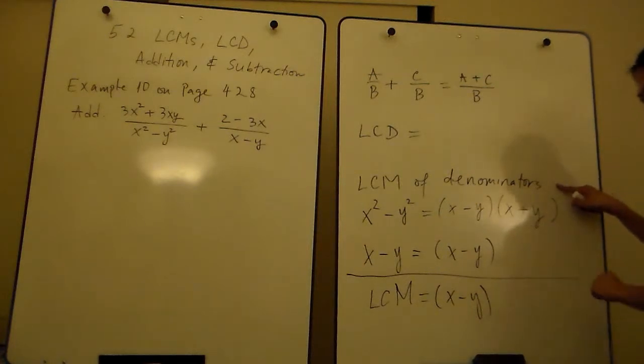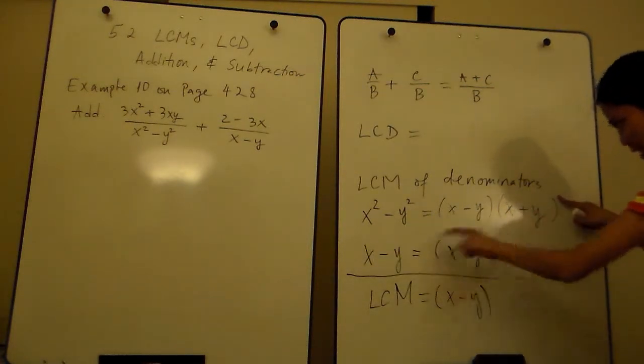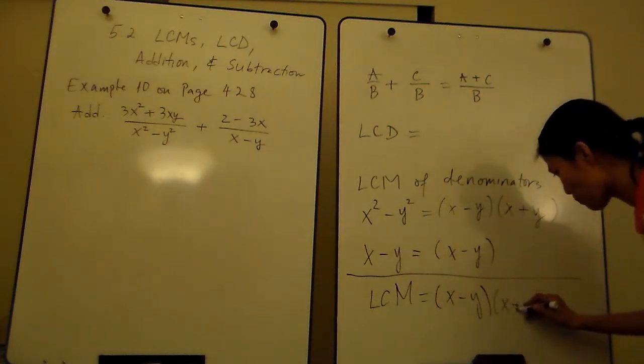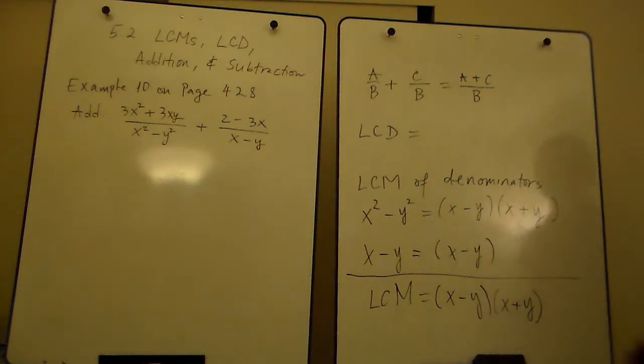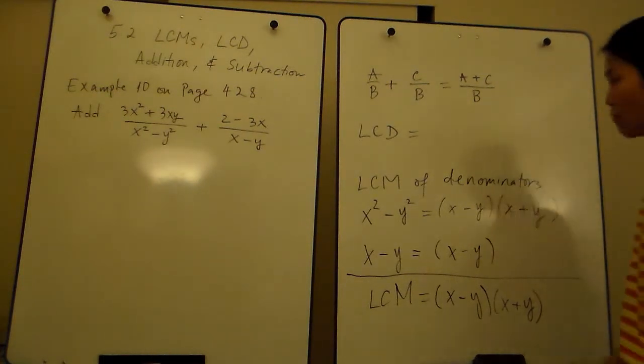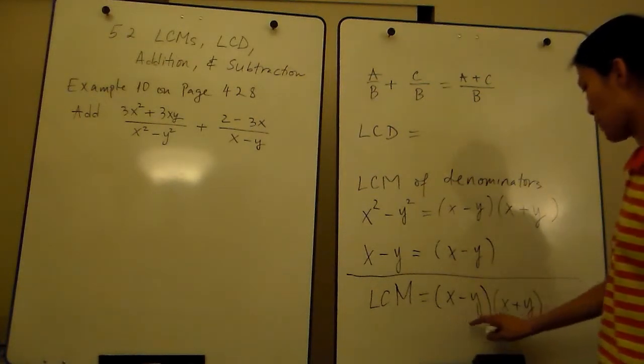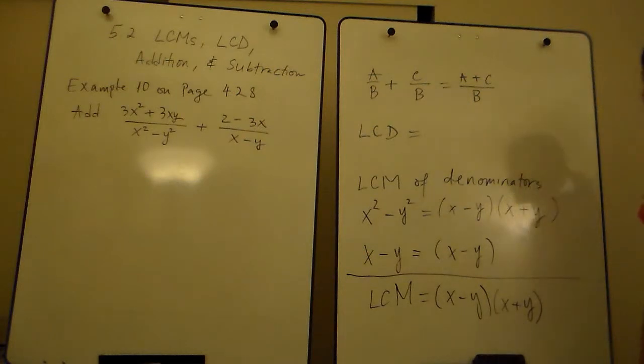X plus y does not occur in the second denominator, but we still have to include it. So x plus y to the first power. So we know the LCM of the denominators is x minus y times x plus y.